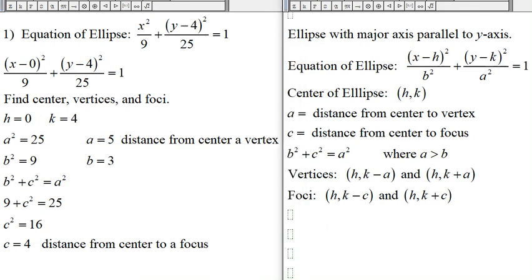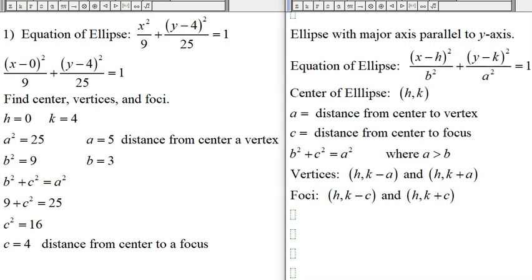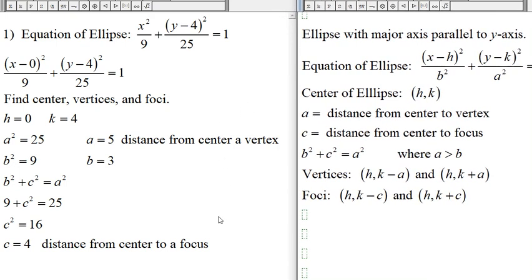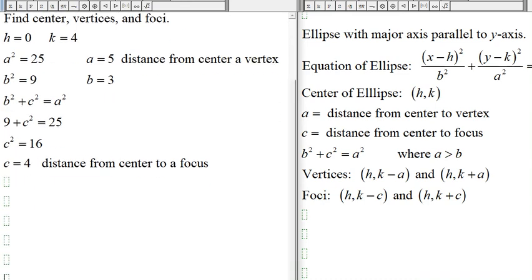And so now we are ready to find the vertices and the foci. We have the center, which is h, k, and in this case, we got 0, 4.